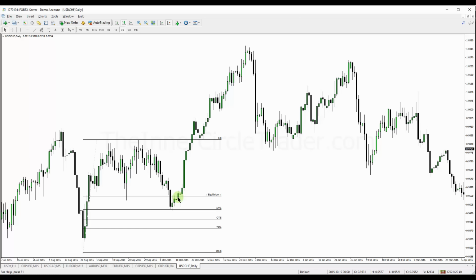Now, the wonderful thing about understanding this is when a market's at discount and its underlying basis is bullish, discount prices don't stay in the market very long. The market's going to want to run away from that really quick. Because this is a daily chart, this isn't that bad in terms of how much time it's spent down there below equilibrium.